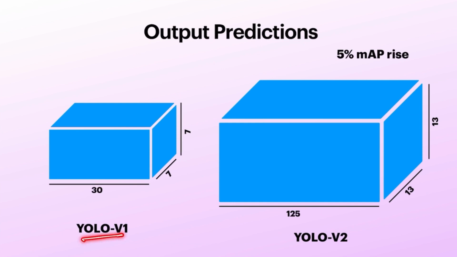YOLO-V1 needs only 7 by 7 grid cells by 30 predictions, whereas V2 needs 13 by 13 grid cells and 125 parameters in each grid cell. So you can see the number of parameters increases. All the modifications we have done so far, like adapting the anchor boxes, calculating things with respect to the anchor box, and changing to fully convolutional, improved my mAP by 5%.